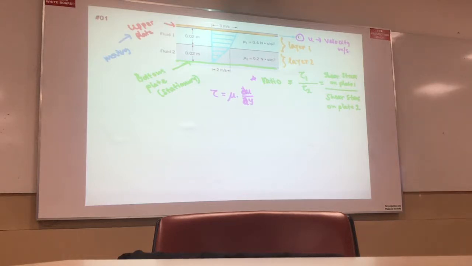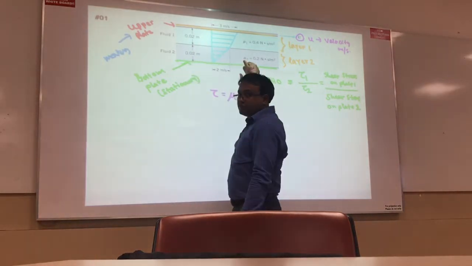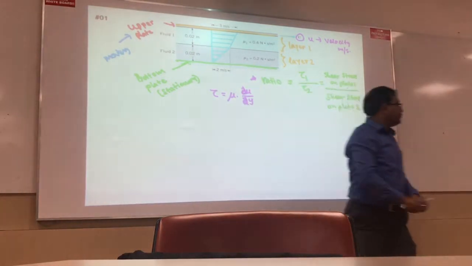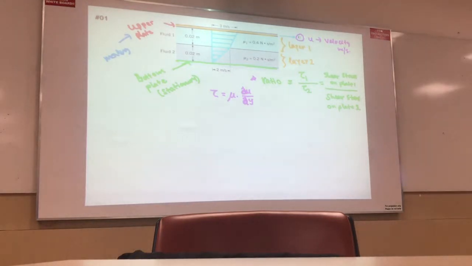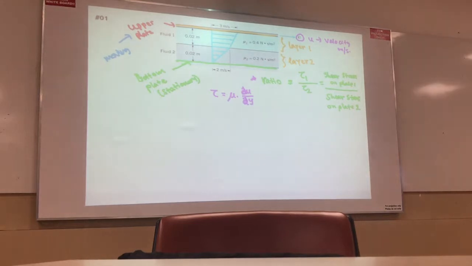This indicates y this way, and this indicates the velocity. So if I draw like this, you can see this direction indicates the y direction.